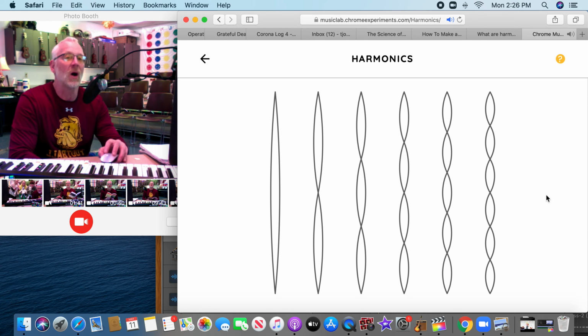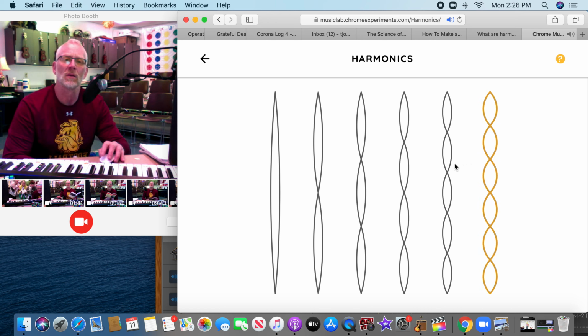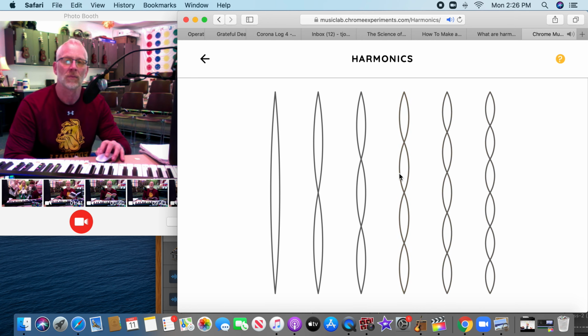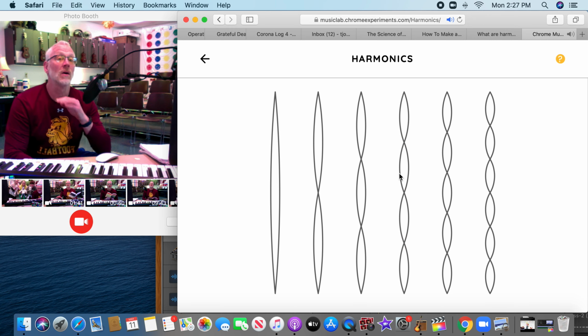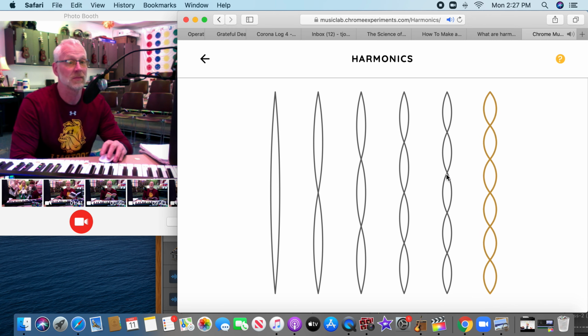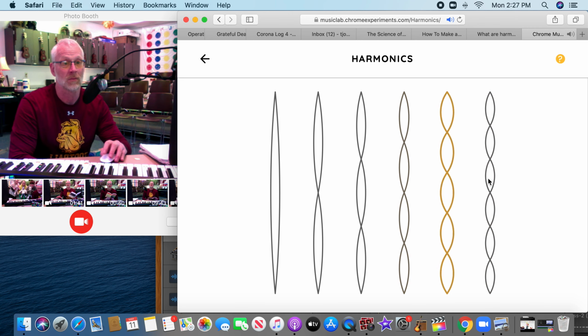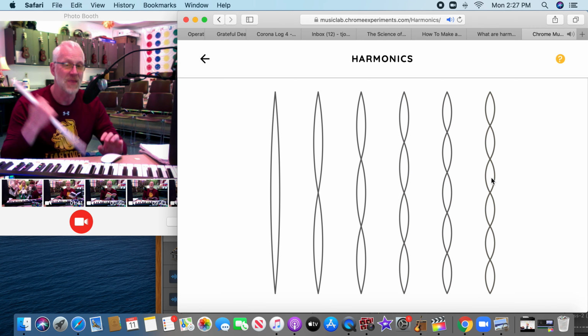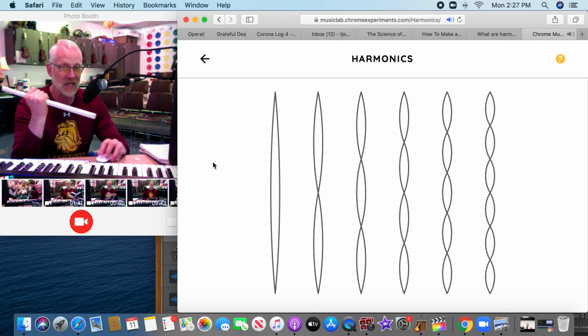Okay, so I was thinking about some songs that use harmonics. So if you think of this song, like the Star Spangled Banner, oh say can you, and then I cut this to the same key as this harmonic scale.